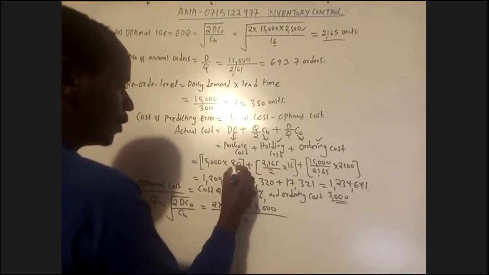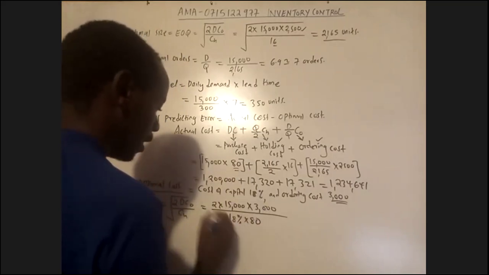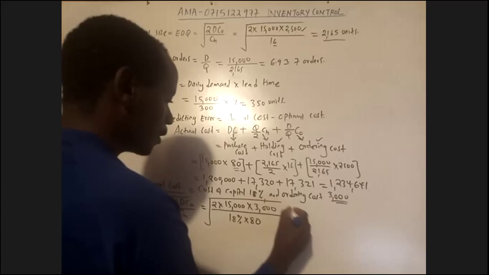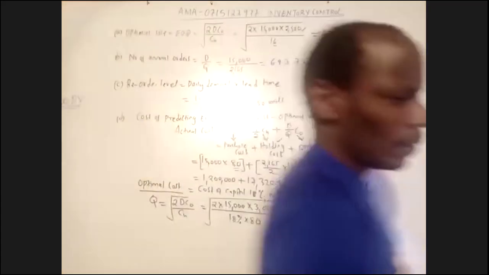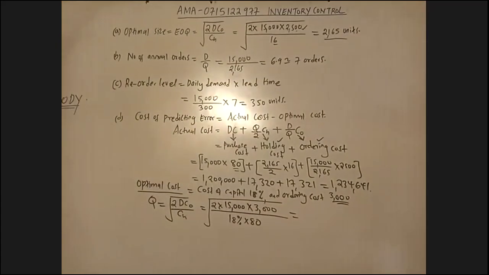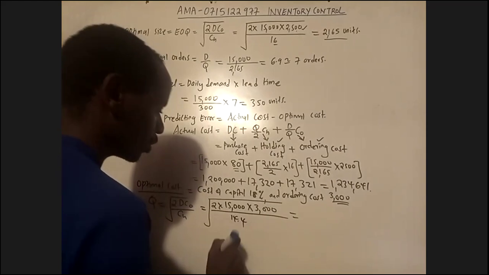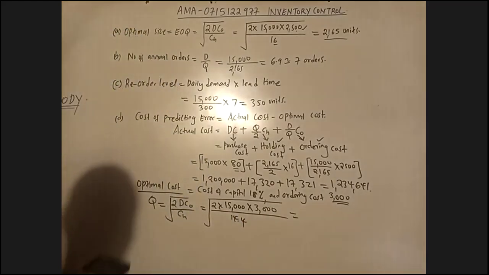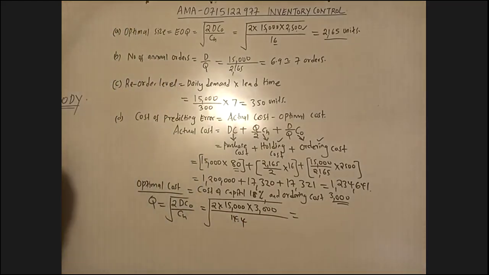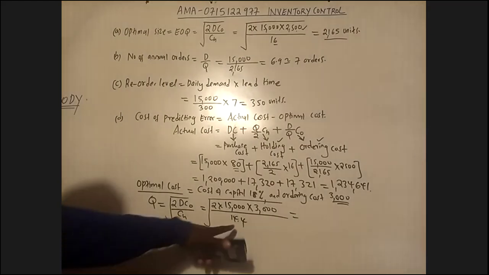It is 80. So 0.18 times 80 first is how much? This is 14.4. So here we have 14.4, which is 18% of 80.